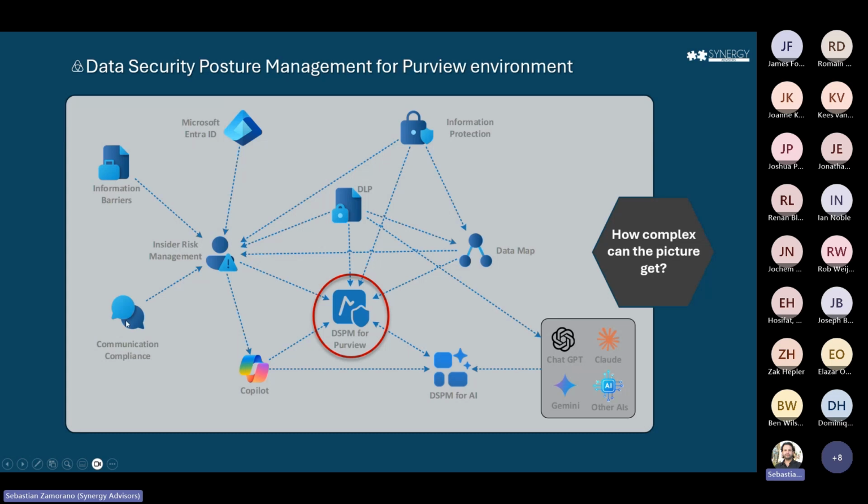Information barriers and communication compliance are the other two components that make insider risk management more powerful, getting information from different sources. And finally, as I mentioned at the beginning, Copilot provides that wide overview of the different flags and alerts.